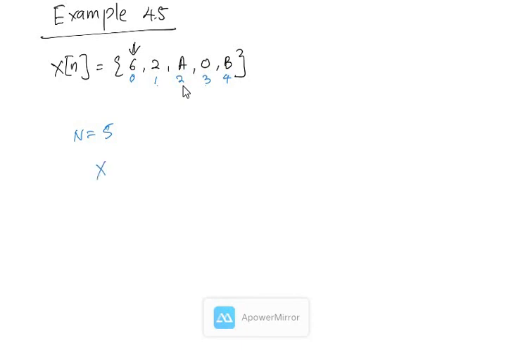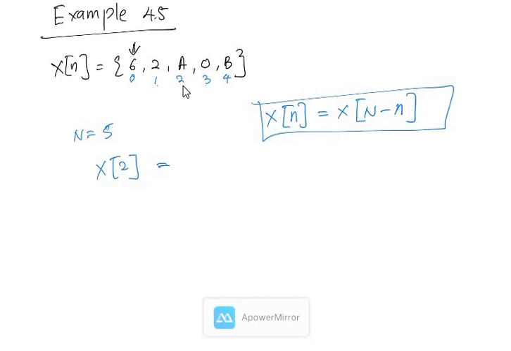Even is x[n] equal to x[N minus n], so we use this formula. N is 5 minus n is 2, so we have x[3], and x[3] in this question is equal to 0.